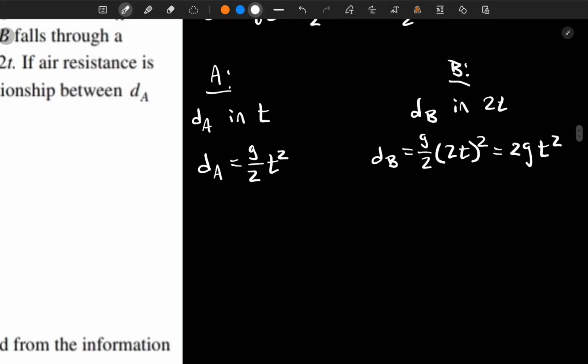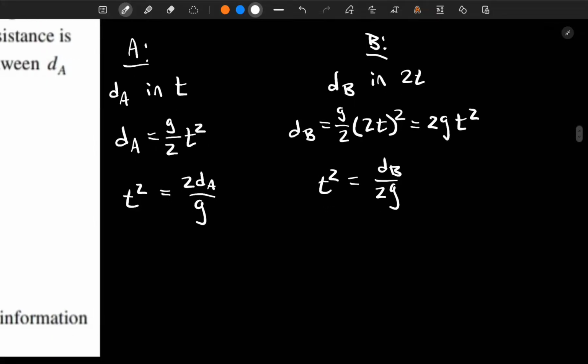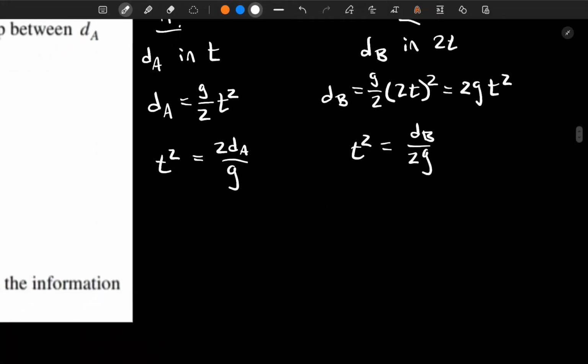Then, solving both of these equations for t squared, we find that on the left, t squared is equal to 2 times dA over g. And for B, we find that t squared is equal to dB over 2g. Well, t squared is the same for both of these objects. They both have the same time t.